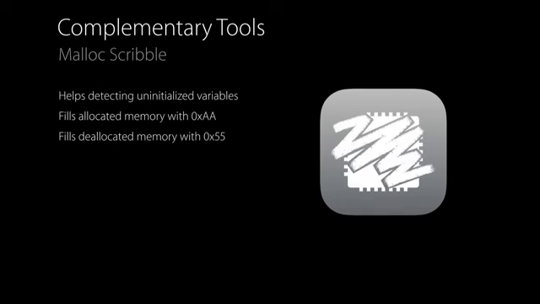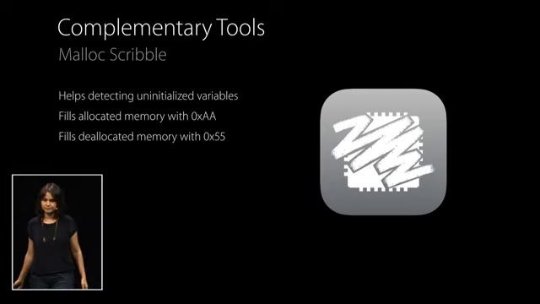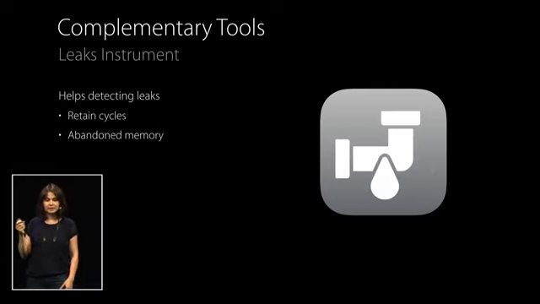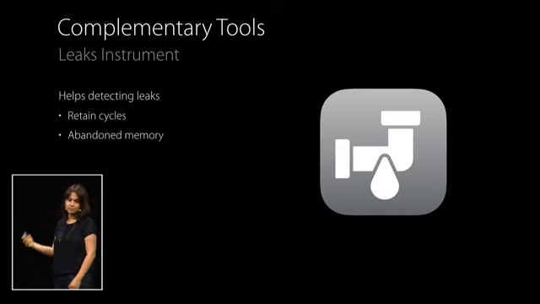Malloc Scribble will help you with investigating uninitialized memory issues. It makes those errors much more predictable by filling the allocated and deallocated memory with preset constants. And finally, the Leaks instrument will help you find retain cycles and abandoned memory that lead to higher memory consumption.